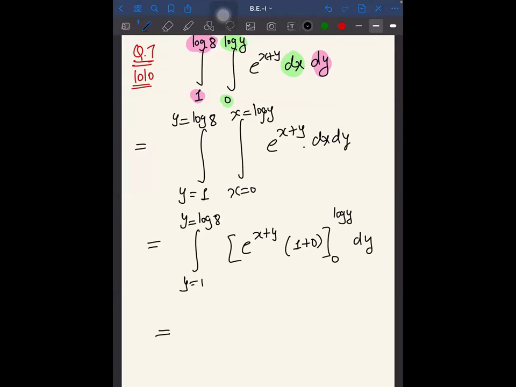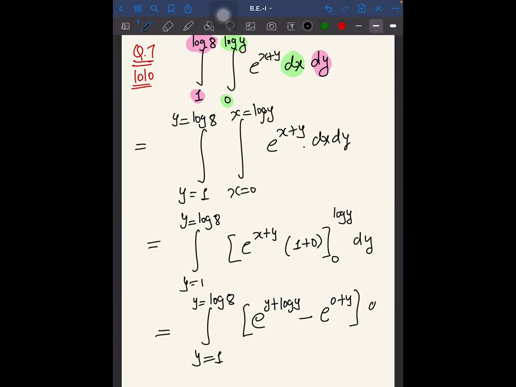Now you put log y in the place of x, so e raised to y plus log y, and then you put 0, minus e raised to 0 plus y.